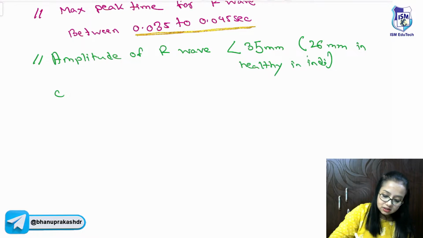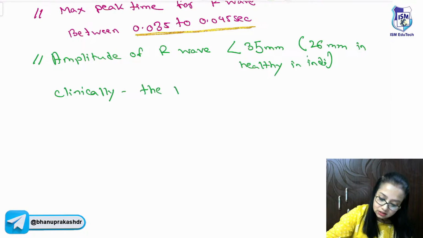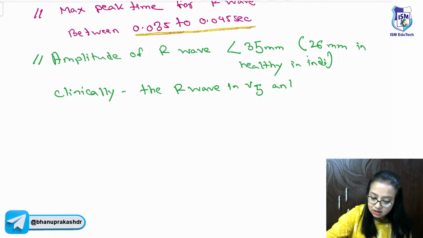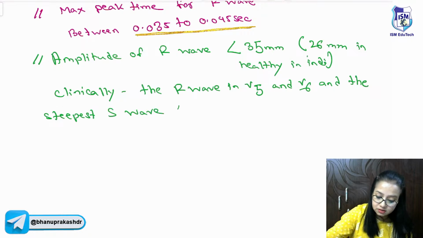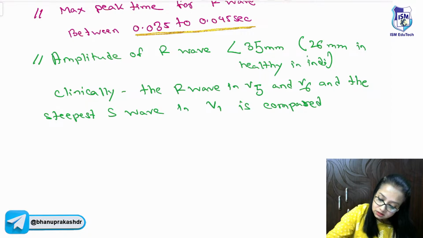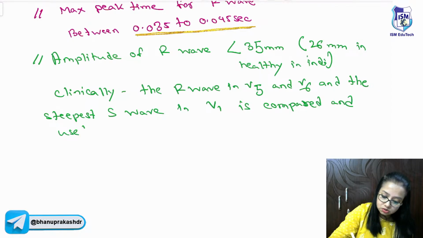Now, clinically, the R wave in V5 and V6, and the tallest S wave in V1 are compared and used for diagnosis.